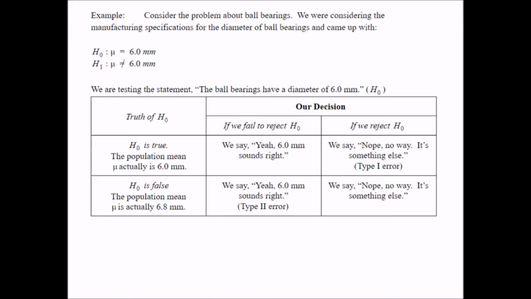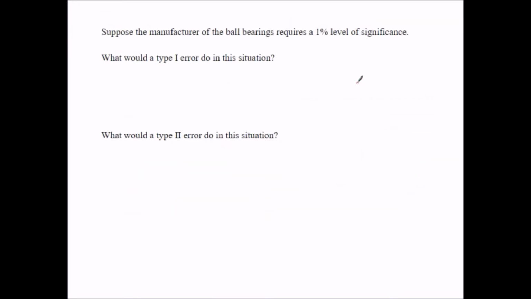Now, in the context of this, suppose the manufacturer of the ball bearings requires a 1% level of significance. What would a type 1 error do in this situation? If we made a type 1 error, then the ball bearings actually have a diameter of 6 millimeters, but we are the ones saying, nope, it's got to be something else.